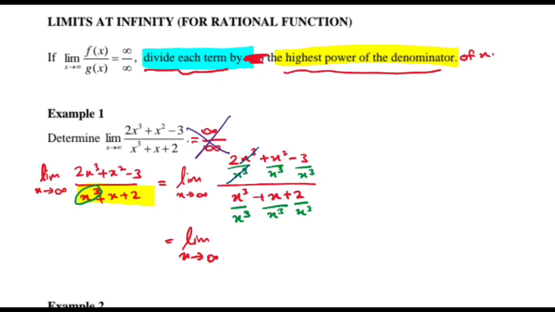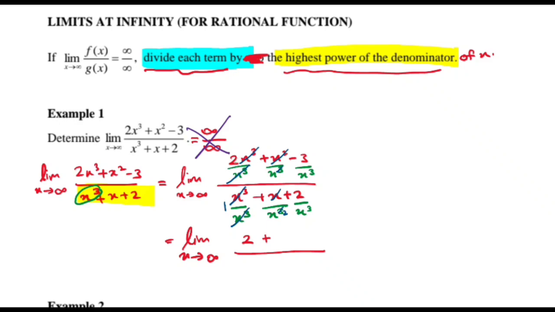And the next one, you can simplify this to be 1 over x power 1. And then we can also simplify this. When x power 3 is divided by x power 3, what you get is 1. Remember, it's not 0. And divide x by x power 3, you get 1 over x power 2. And so on.